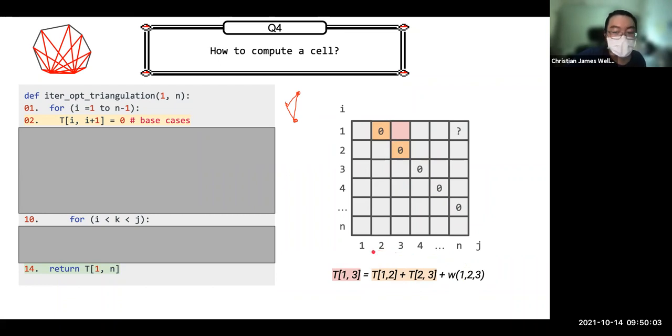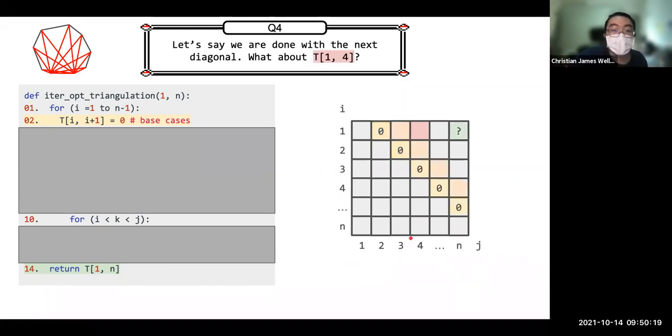Our recursive formulation: C_ik plus C_kj plus W of ikj. This is exactly what we had before. Okay, that's how you compute a cell. Okay. Wait, did I miss a slide?